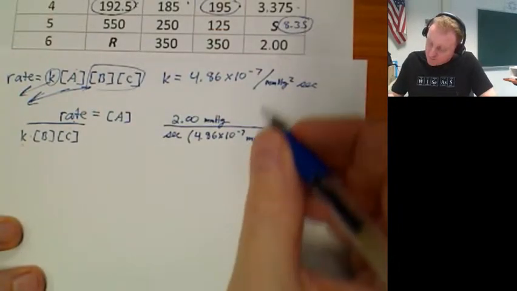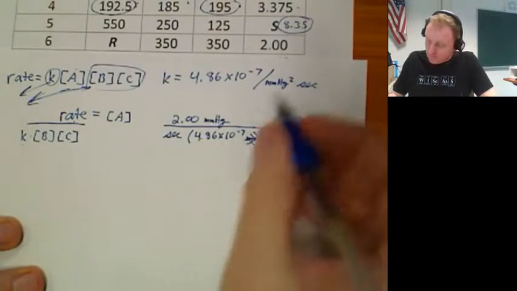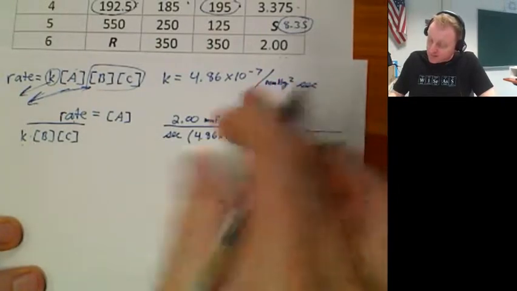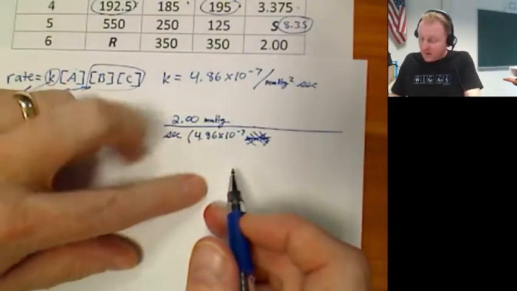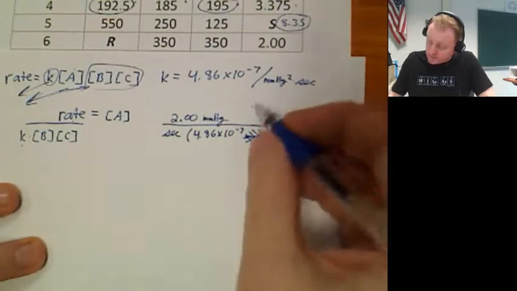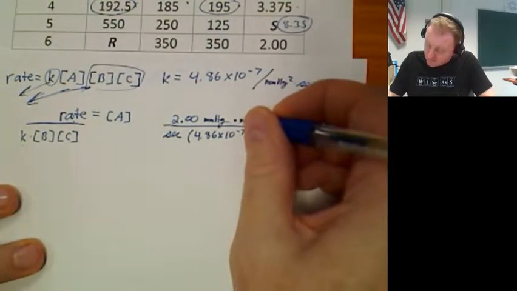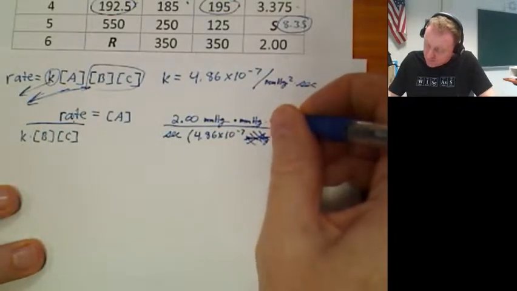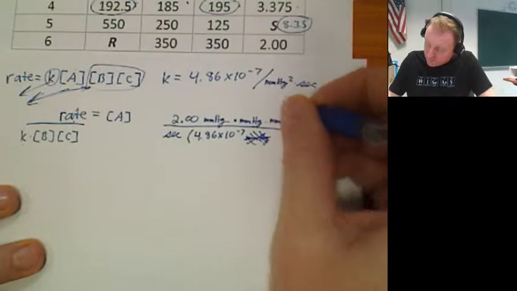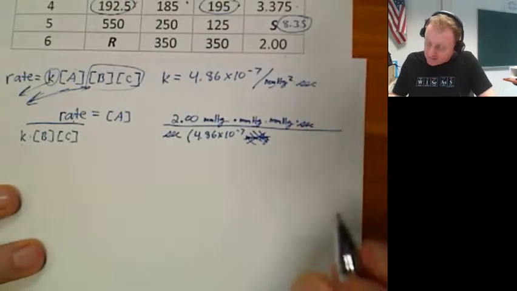Oh, I'm sorry, actually, I did that wrong. It's over millimeters per second. So that number, and then it'll be divided by that. So the denominator of a denominator is actually a numerator. So we can move these units here as a numerator. So that's millimeters of mercury times millimeters of mercury, because it's squared, times seconds.